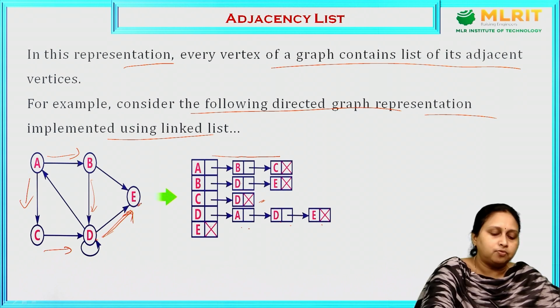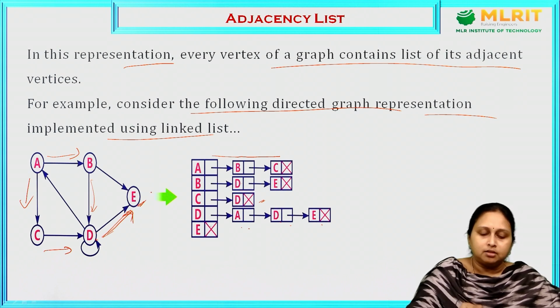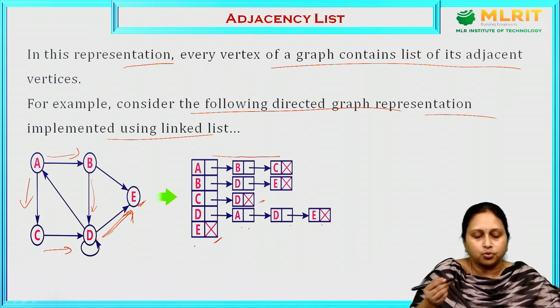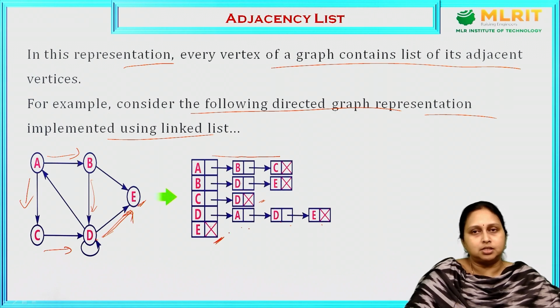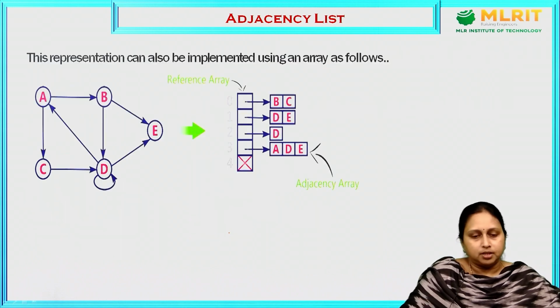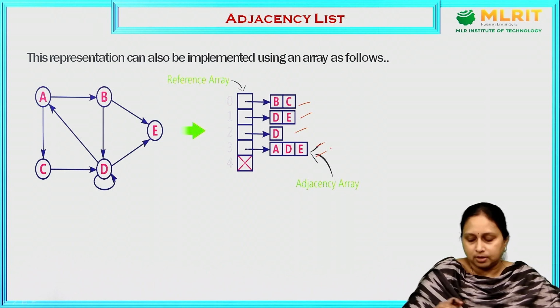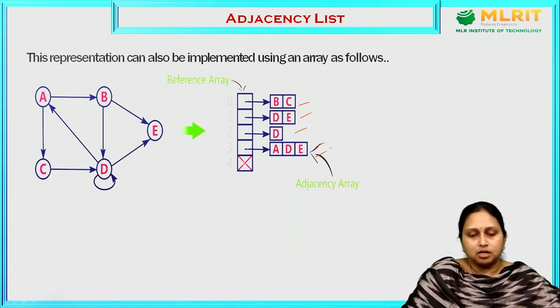And the last one is E. This one doesn't have any outgoing edges, so we are going to represent it as null. Null is nothing but you don't have any edges for it. And this is another way of representation. Instead of representing the links, we are representing in a single way of representation. Okay, and this is how the adjacency list will be.